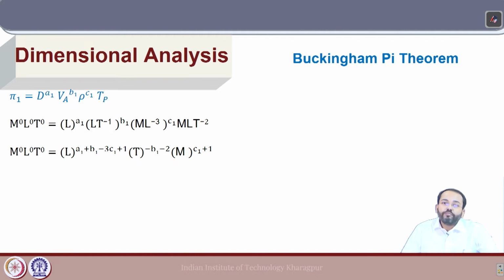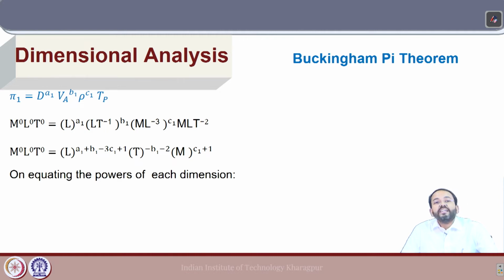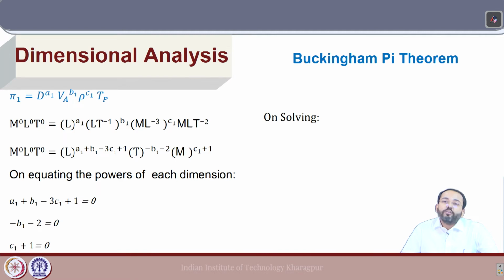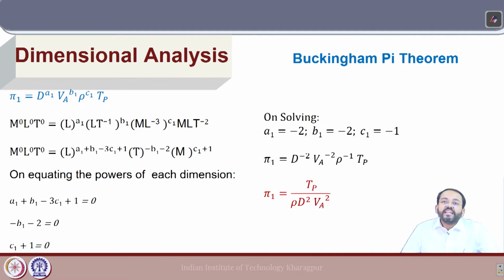We will solve for them and get the values of the coefficients A1, B1 and C1. So, we have these equations and unknowns, and on solving we get the values of A1, B1, C1 and write pi 1 as a function of the thrust, rho, d and Va.